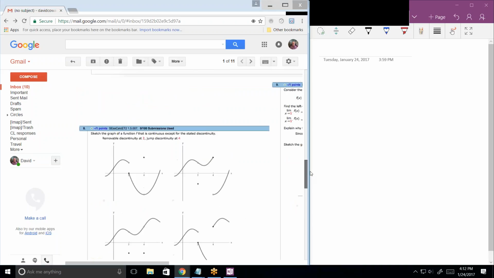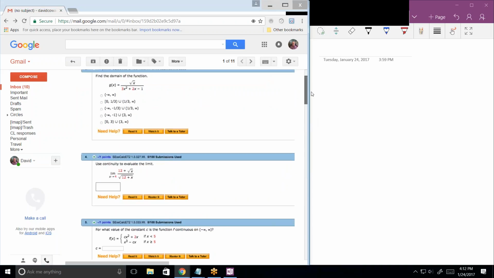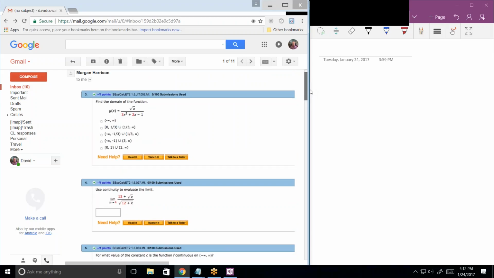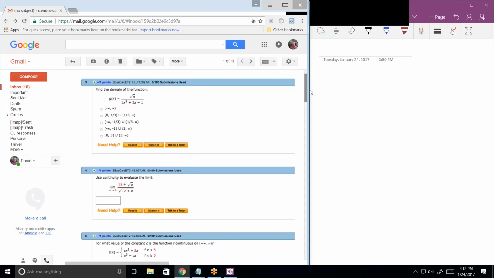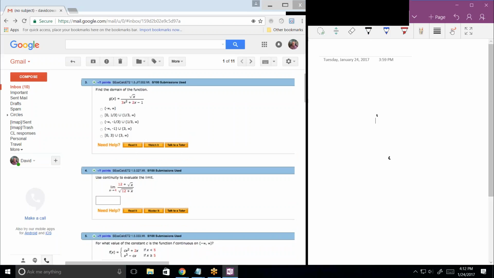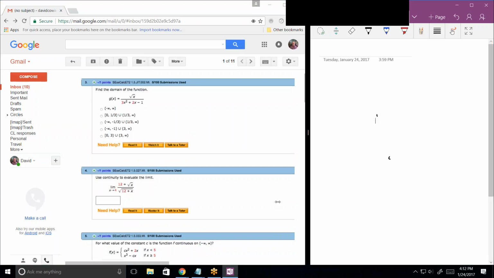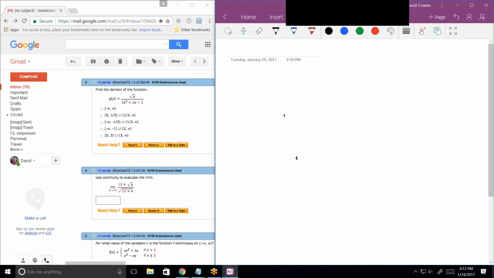Let's go back to number 3. Okay. Domains. Remember something about domains, and that is it's all about what x cannot be. Not so much about what x can be as much as what x cannot be.